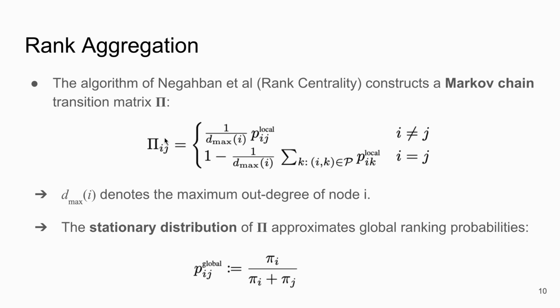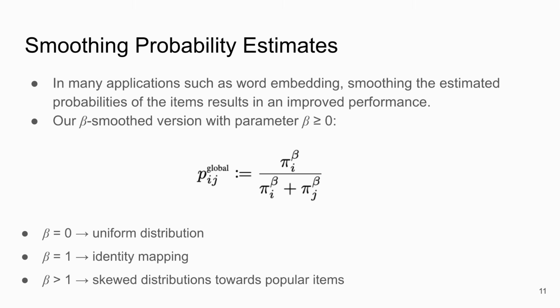Once matrix pi is computed, the stationary distribution of pi can provide us with an approximation for the global empiricals that we were looking for. In many applications such as word embedding, smoothing the estimated probabilities of the items can result in improved performance.